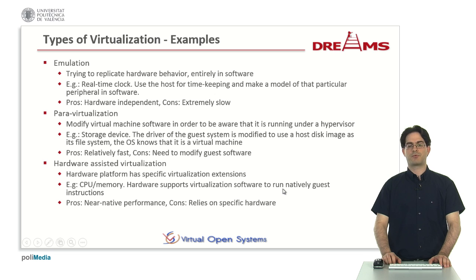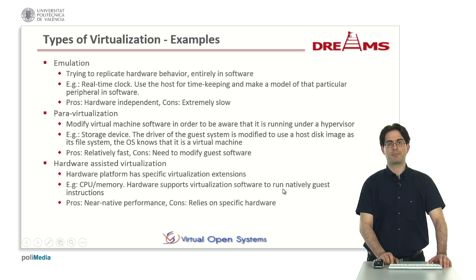There are various examples for this, for the Intel and ARM architectures, where we have CPU and memory virtualization. This is hardware support, of course. So the software runs in conjunction with these extensions, and if the hardware does not support them, you cannot be as efficient. The advantage is that you get near-native performance, but the major disadvantage is that not all hardware supports these extensions, and some architectures do not even come with them.